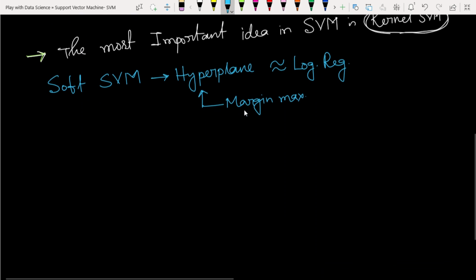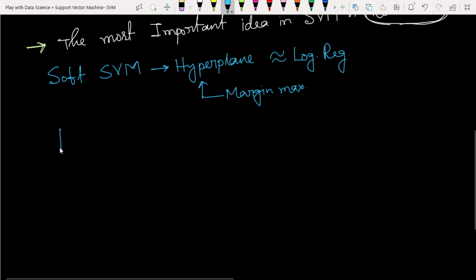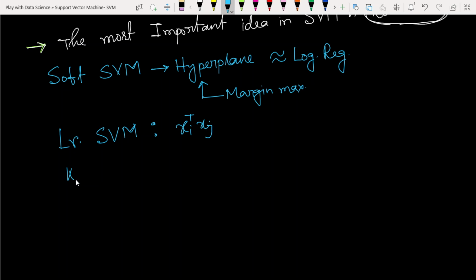So for linear SVM we are using xi transpose xj, and for kernel SVM we are using the function k of xi comma xj.